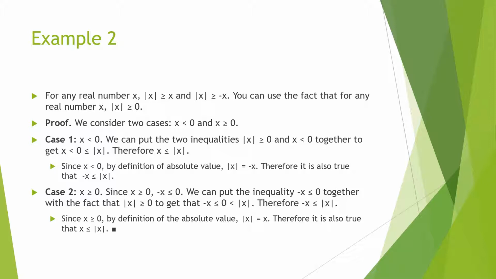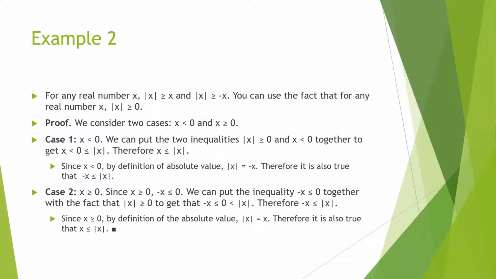So let's look at this theorem about absolute value of x. It says, prove that for every real number x, absolute value of x is greater than or equal to both x and negative x. The question is, how can we prove this? And we can use the fact that for any real number x, absolute value of x is non-negative.